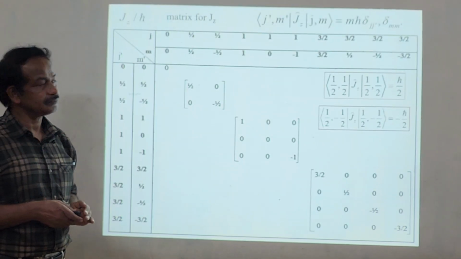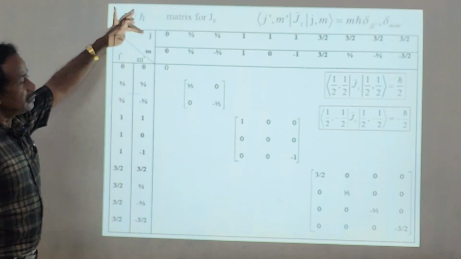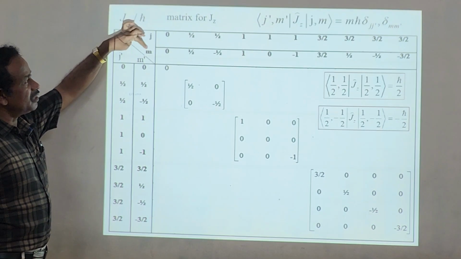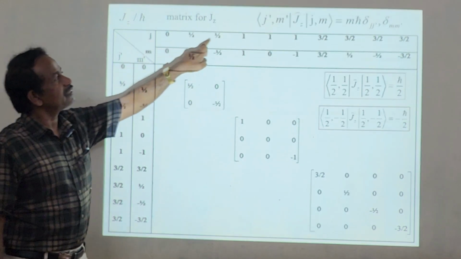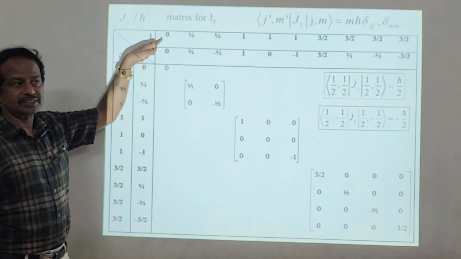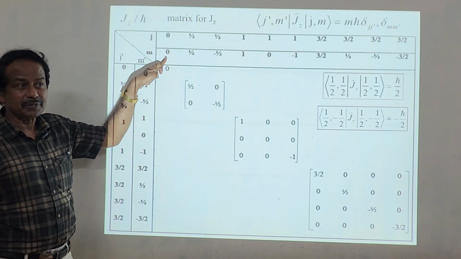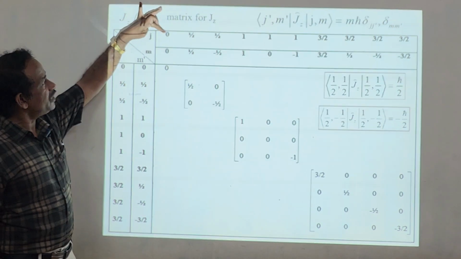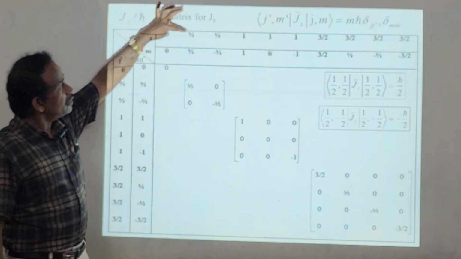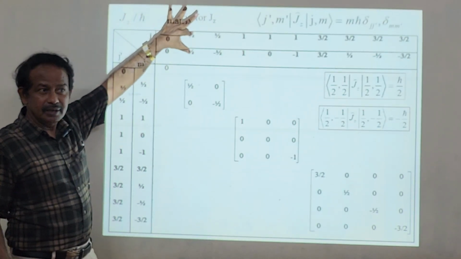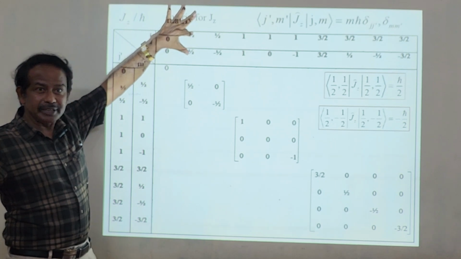And also the matrix element. Now just see here, j comma m I have written here. This stands for j, and this stands for m corresponding to j. So j equal to 0, you have m equal to 0. J equal to 1 by 2, m will be minus 1 by 2 and 1 by 2, correct?